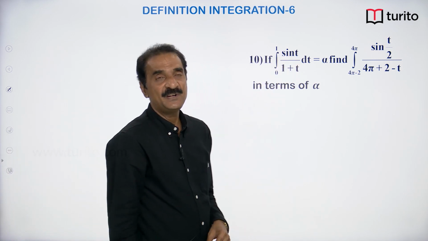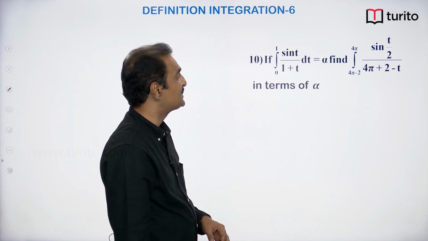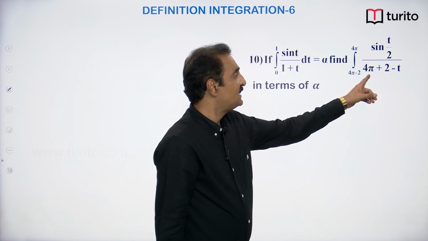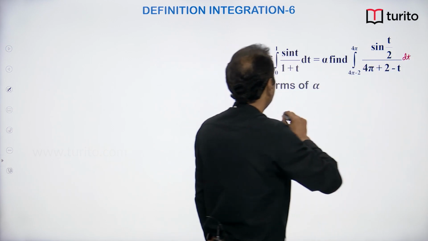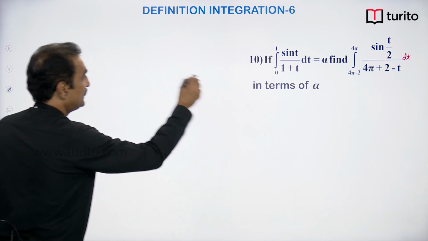Integral 0 to 1 of sin t by 1 plus t dt is alpha. Then find this integral in terms of alpha.